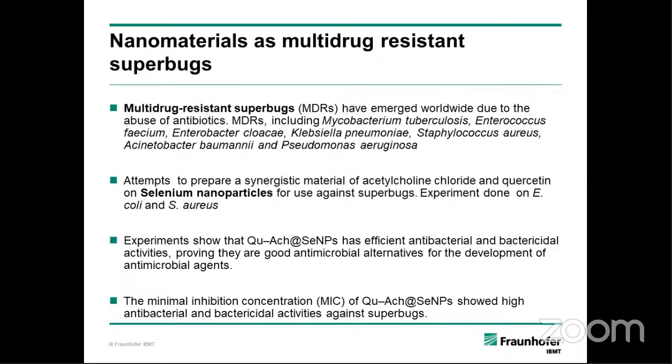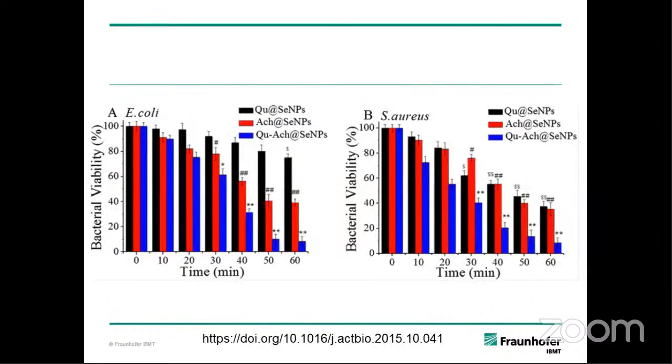What they did is they used the two drugs, quinine and arginine. If you look at this graph here, there are E. coli and Staph aureus. These are the two bacteria.